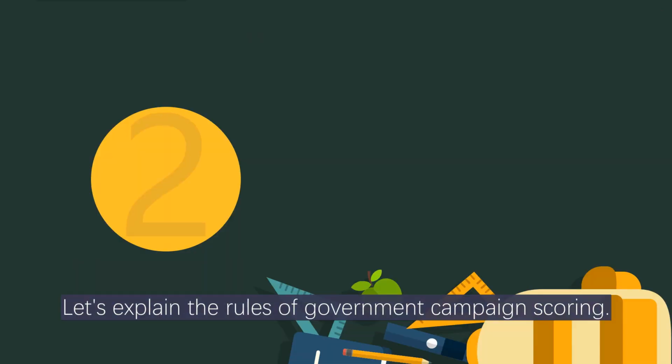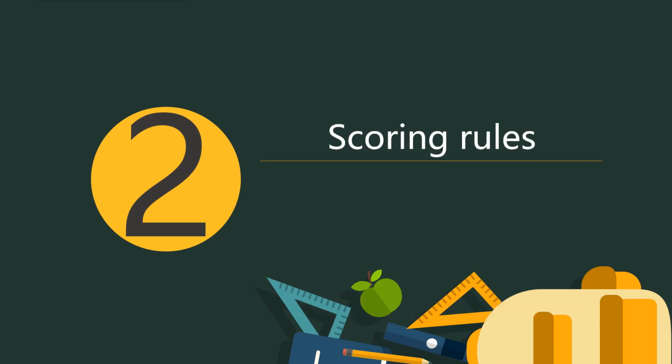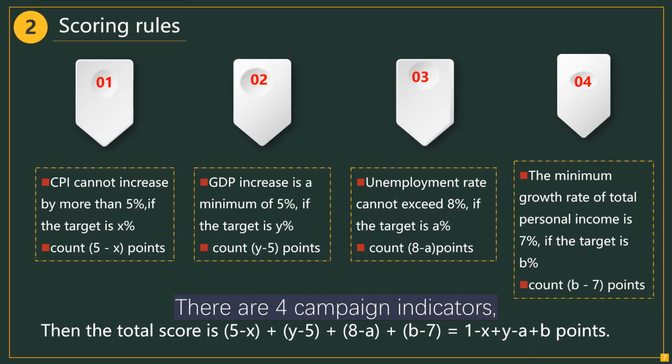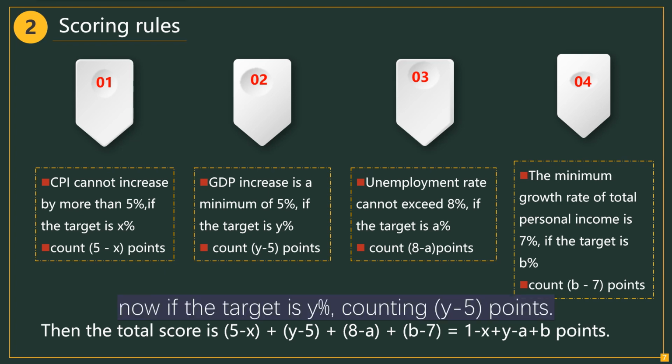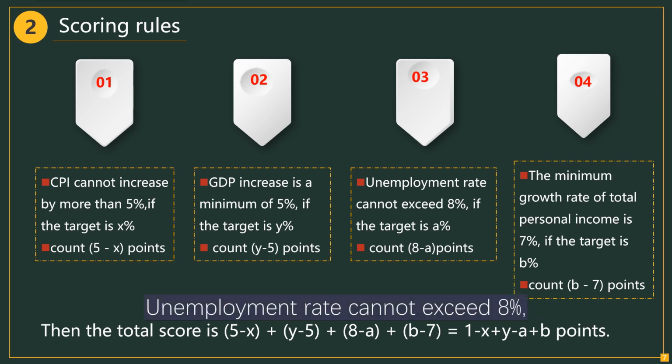Let's explain the rules of government campaign scoring. There are 4 campaign indicators, each with different scoring rules. CPI cannot increase by more than 5%. If the target is X%, the score is 5 minus X. GDP increase is a minimum of 5%. If the target is Y%, the score is Y minus 5. Unemployment rate cannot exceed 8%.